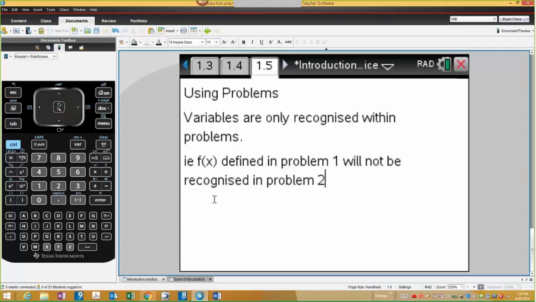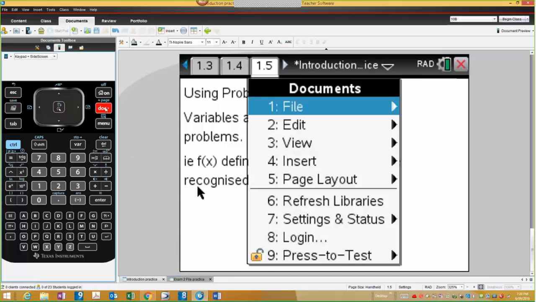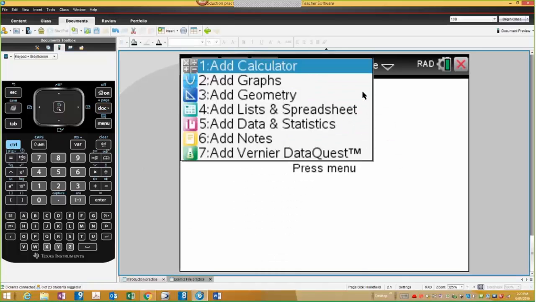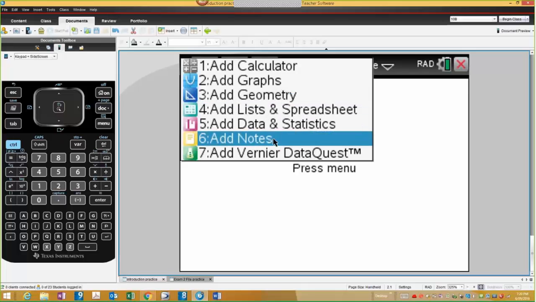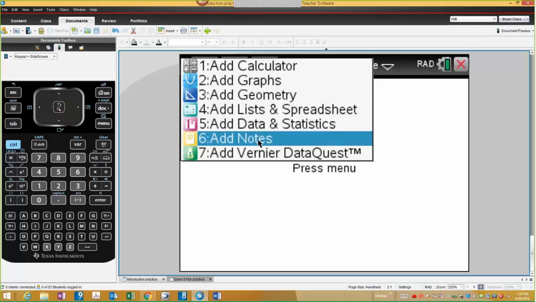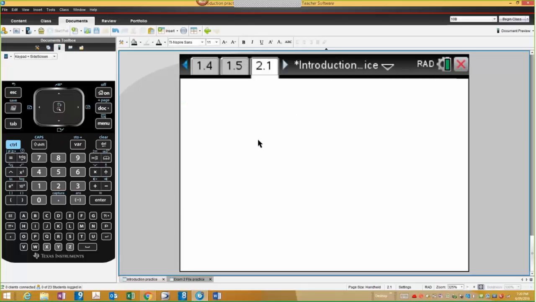If I press doc, insert a new problem, and either create a notes page or any other page we like, I'll go with another notes page. If I press Control M and try to use f, notice f is not bold.